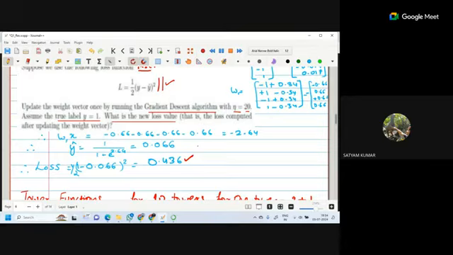So should we be taking W transpose X or should we be taking WX? Because I see some questions, it is simply WX. Here it is mentioned as W transpose X, but in some questions it is not mentioned.